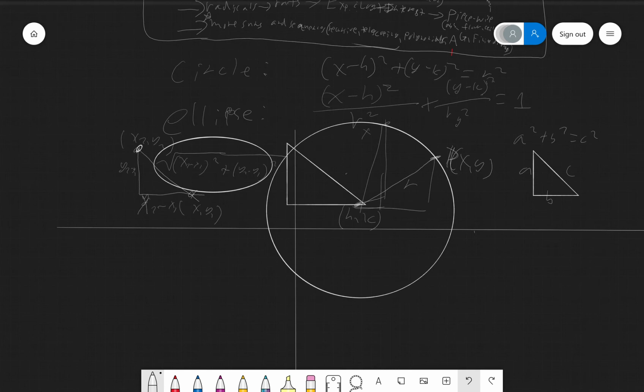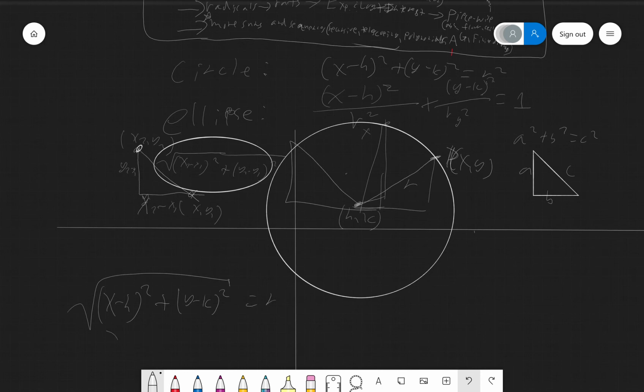So the distance between h comma k and x comma y means that the square root of x minus h squared plus y minus k squared equals r.